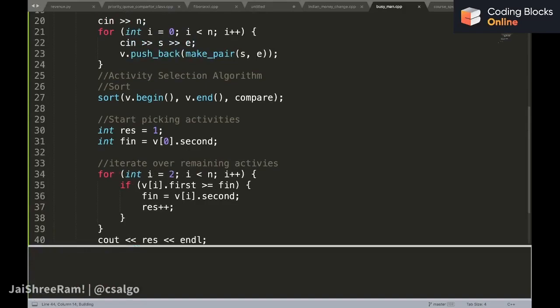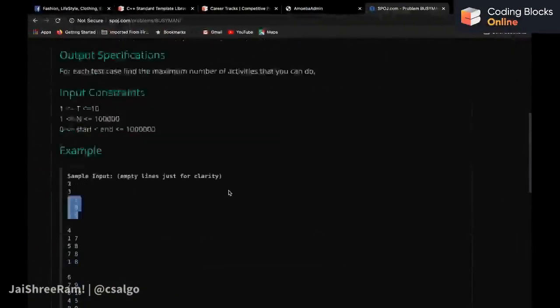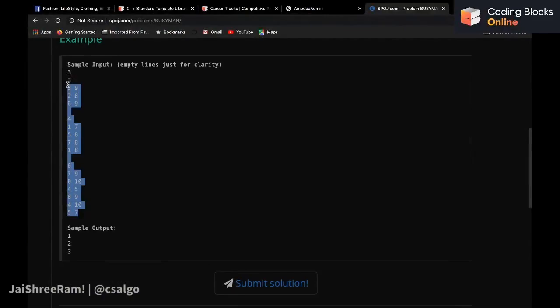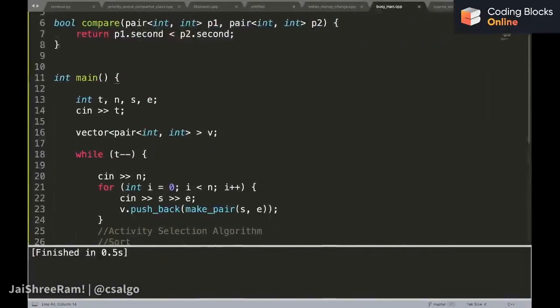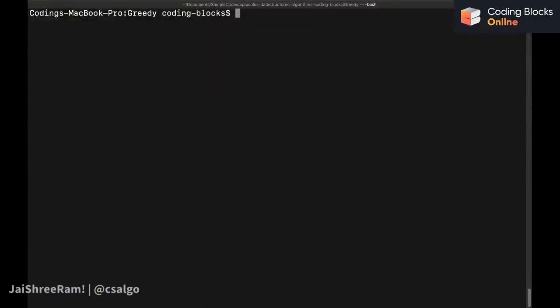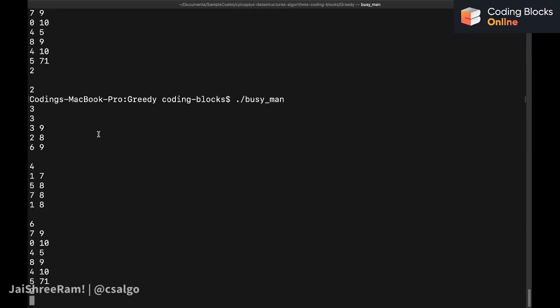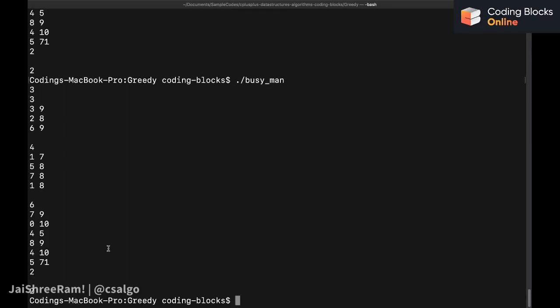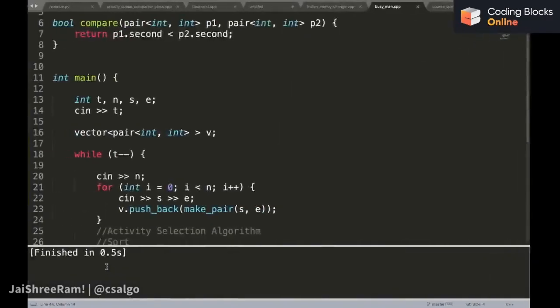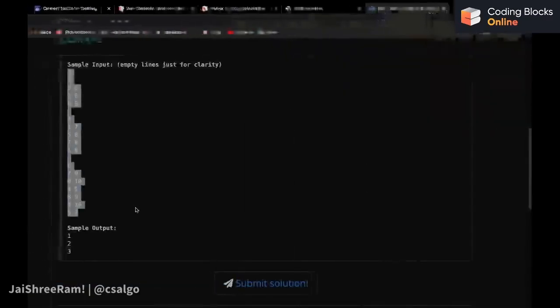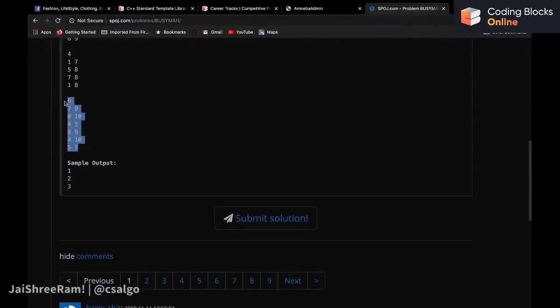Let's try to run our code on the test cases given by the sponge. Let me just copy this. Okay, let me give it one by one. Let's just do it for one test case.